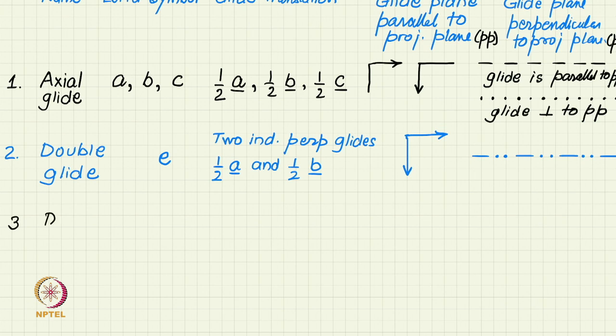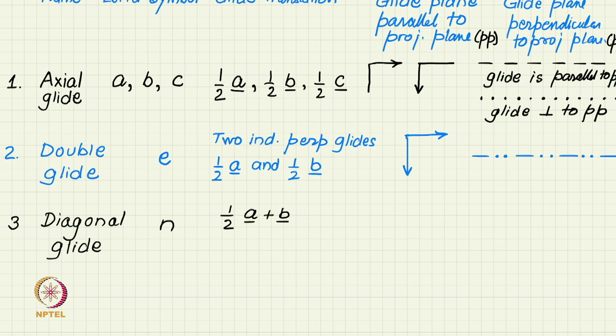Then we have the diagonal glide. The symbol is N. Here, the direction of glide translation is, as the name suggests, along the diagonal, along the face diagonal of the unit cell.